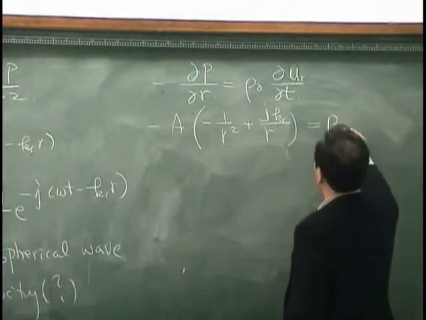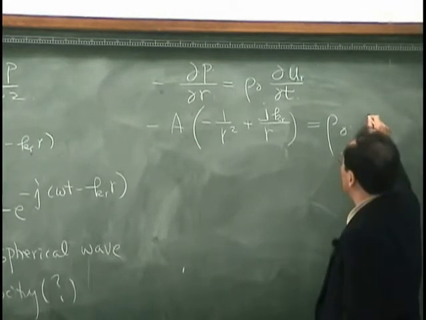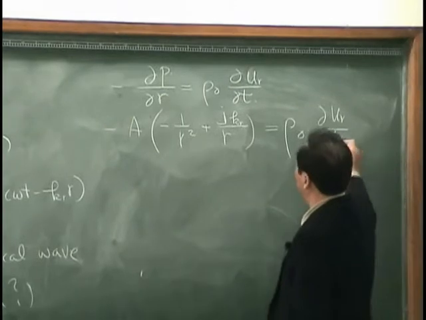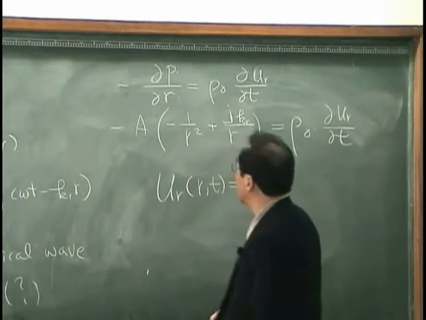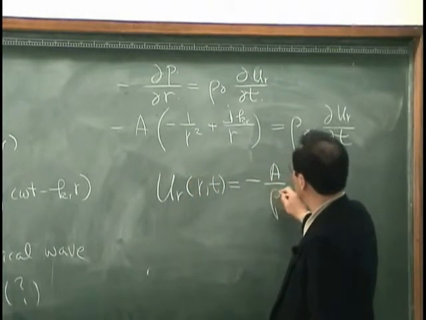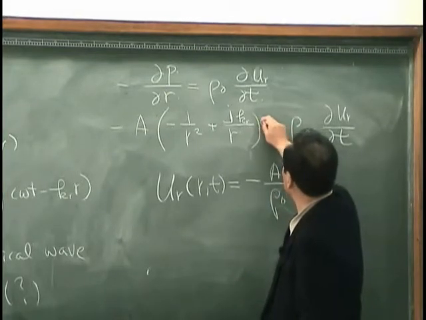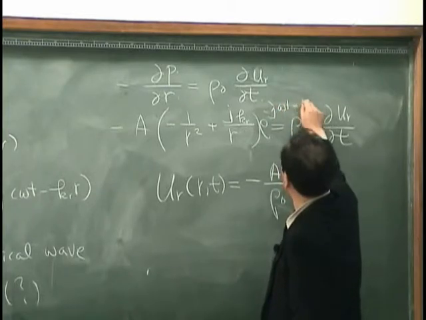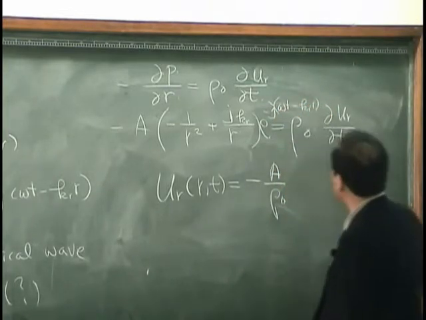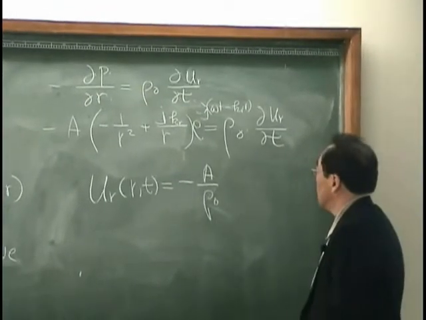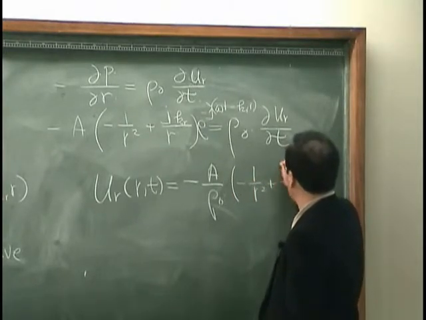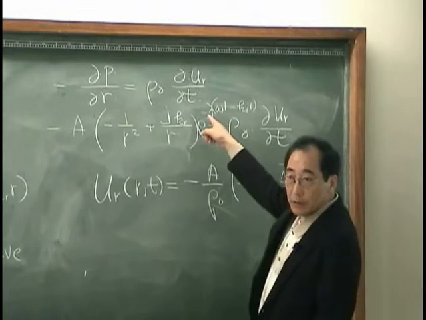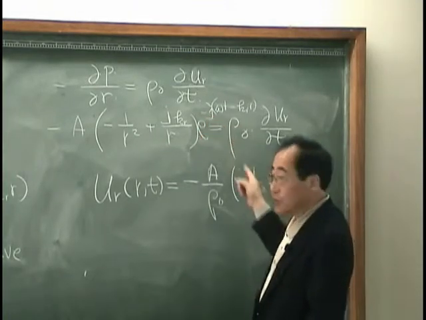That has to be equal to rho 0 dur/dt. Therefore, the velocity in the r direction has to be, I divide by rho 0, and here I have exponential minus j omega t minus kr, and I have minus 1 over r squared plus jk over r, and then I have to integrate this with respect to time.